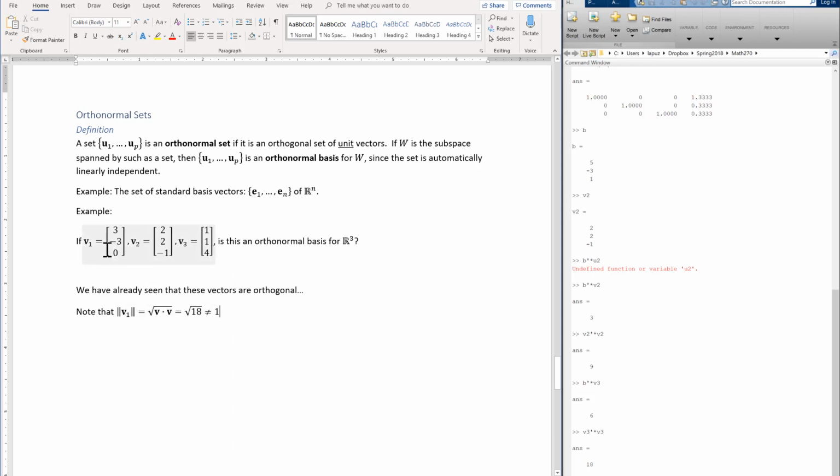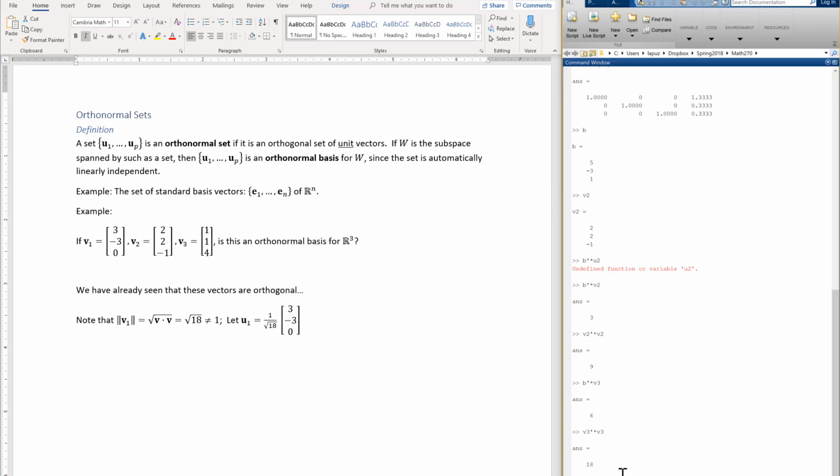So all we have to do is divide this by the square root of 18, then we would have an orthonormal set. So what we can do is let U1, instead of V1, equal 1 divided by the square root of 18 times this vector, then we would have a unit vector.